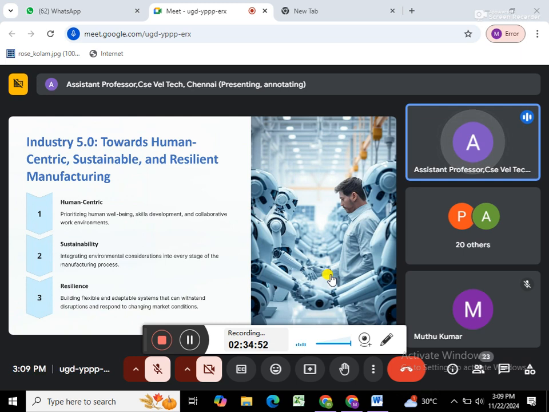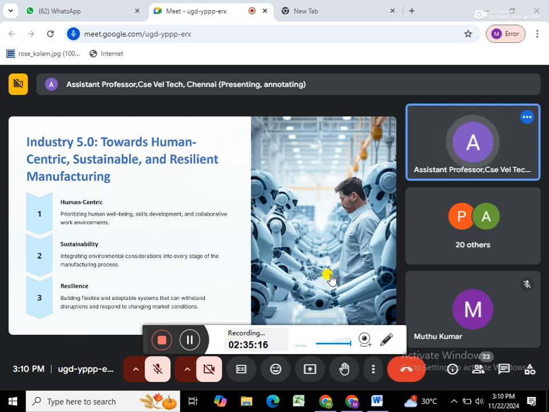This image itself can give you an idea about what is happening in Industry 5.0. We have to align with robotic-based technology and work along with these emerging technologies, and it should be a collaborative case.